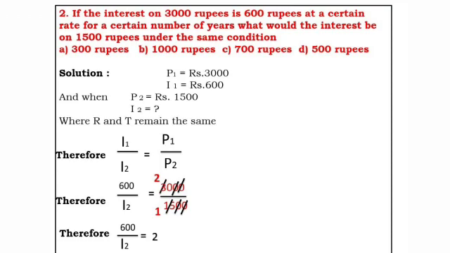Now you will substitute the value. I1 means interest 1 is 600 upon interest 2 is equal to P1 is 3000 upon 1500. Do the cancellation. Then you get 600 upon I2 is equal to 2.